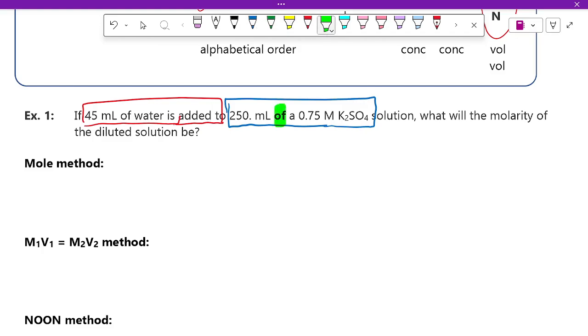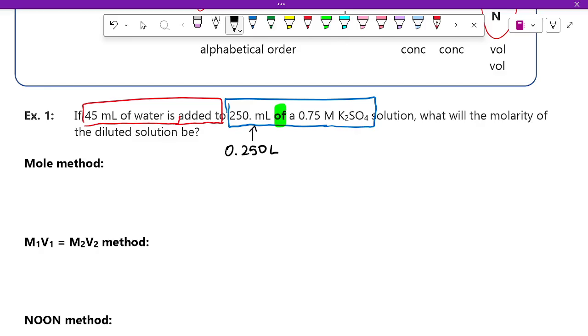What does of mean? Times. Do I have to change it into liters? You need to change that into liters. So that's going to be 0.250 liters.